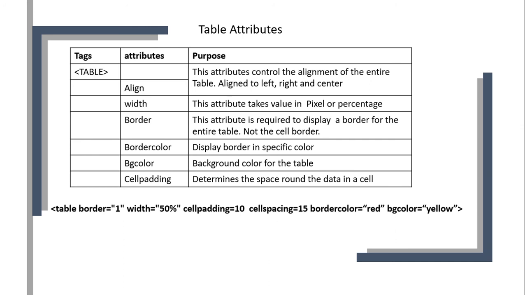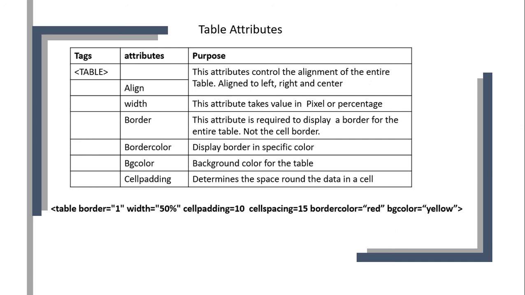Sometimes you know the color codes like hash FFF or 999, number codings for colors, and we can apply those with the border color. BG color works the same way, but that is the background color we can apply for the table.